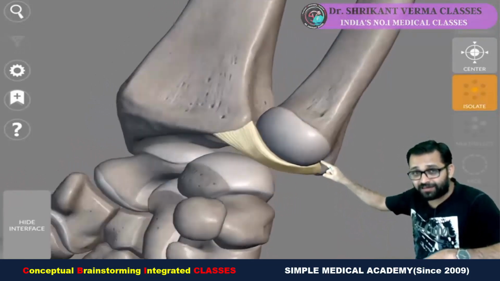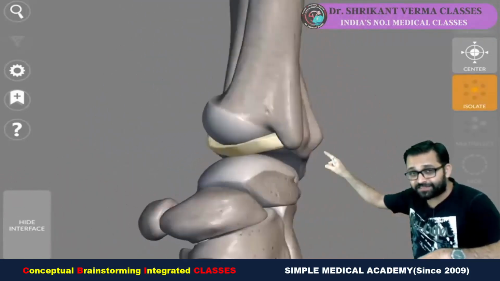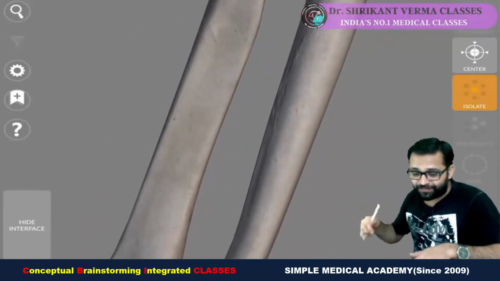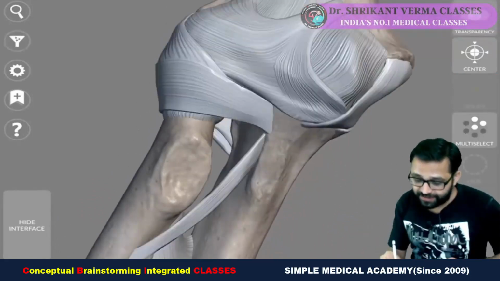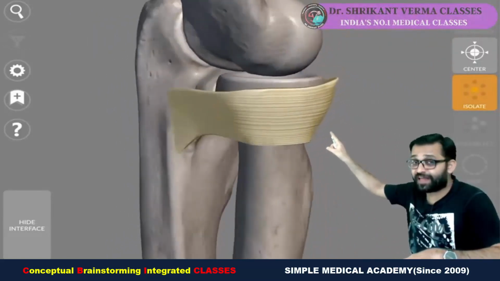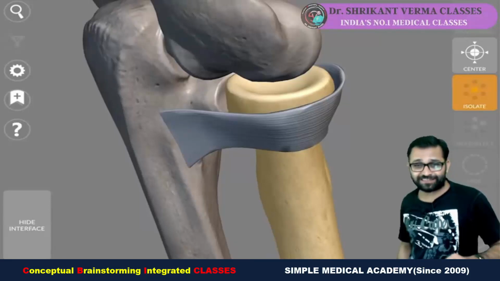Yes, the ulna has one ligament attached to the radius, so the ulna can rotate here, and in a similar way at the superior radio-ulnar joint, see here, there is one annular ligament, very beautiful. There is one annular ligament within which the head of the radius is encircled.